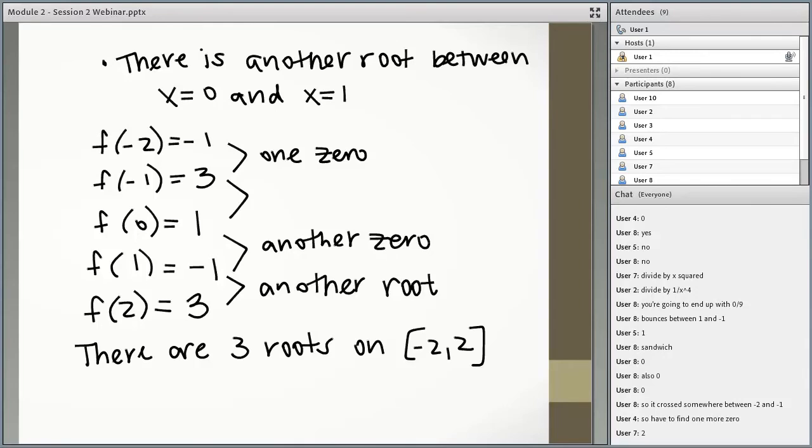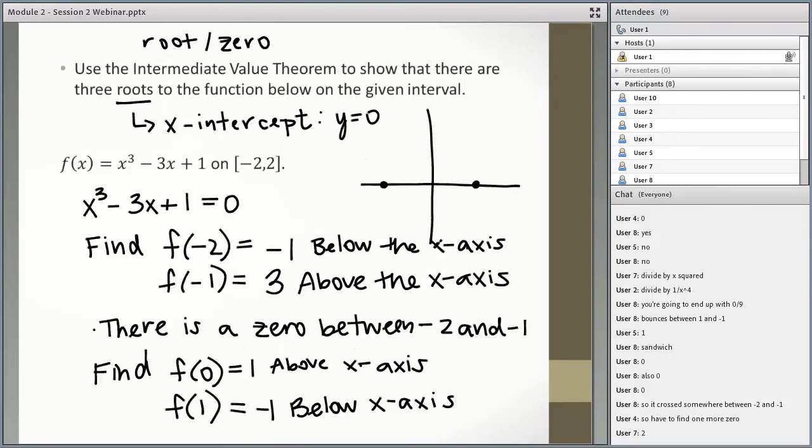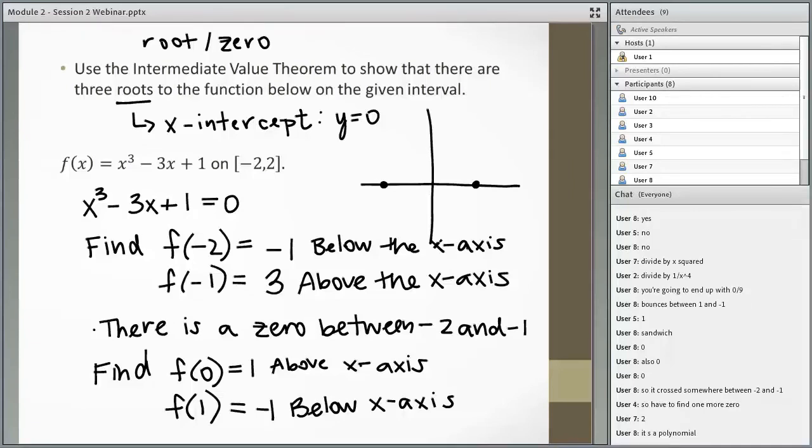So again, how did I know that this was continuous, by the way? Because remember, the intermediate value theorem says that the function has to be continuous on the interval. Good. We have a polynomial, so any interval that we would have been given, it would have been continuous.